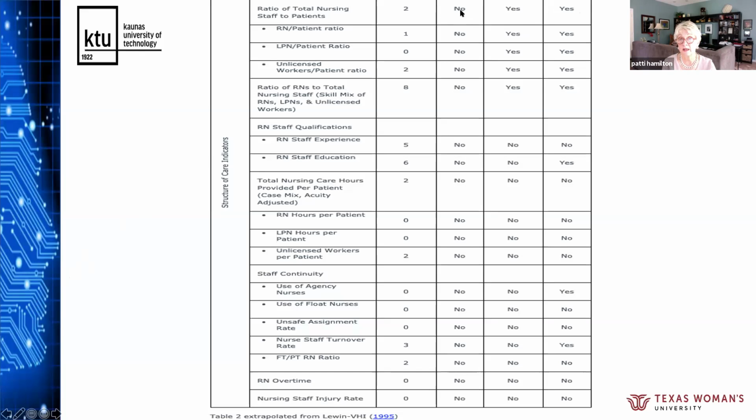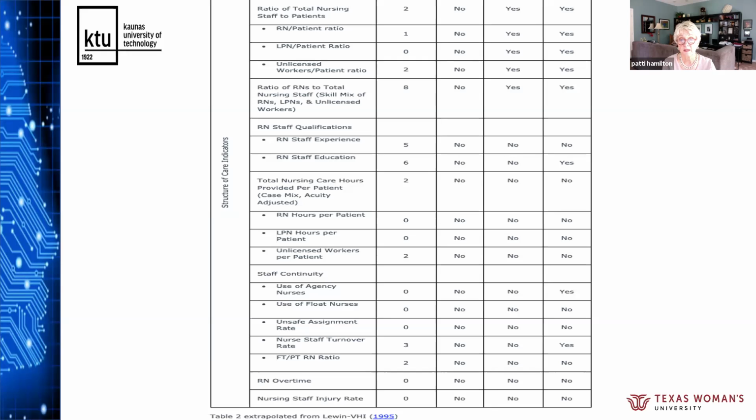There was data readily available, and it was considered to be part of the nursing report card.